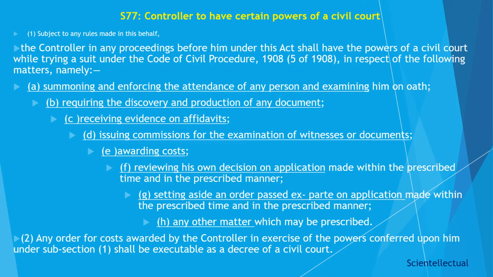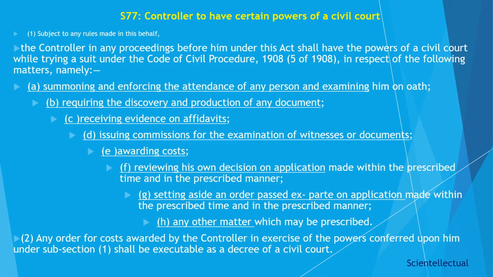F. Reviewing his own decision on application made within the prescribed time and prescribed manner. G. Setting aside an order passed ex parte on application made within the prescribed time and in prescribed manner. H. Any other matter which may be prescribed.